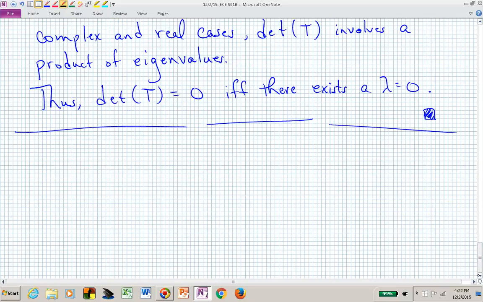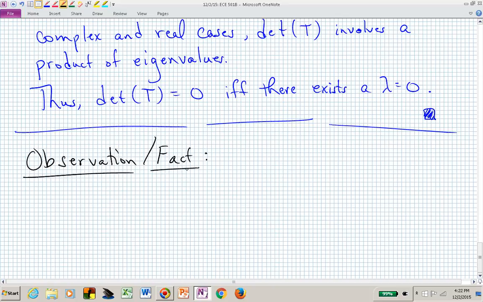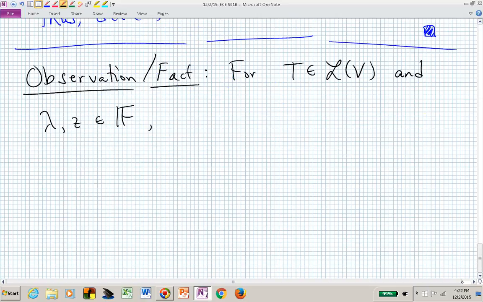Now let me make an observation or state a fact. Now that we are talking about determinants and how we can maybe find those, suppose we have this linear operator T on a vector space V, and let's say lambda and z are over the field F, so they could be real or complex.